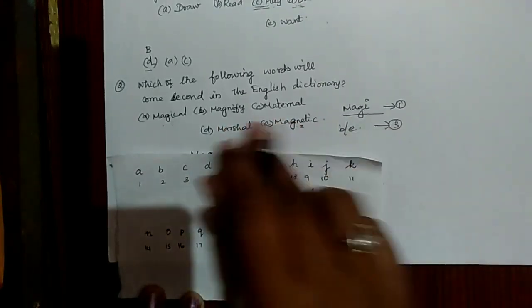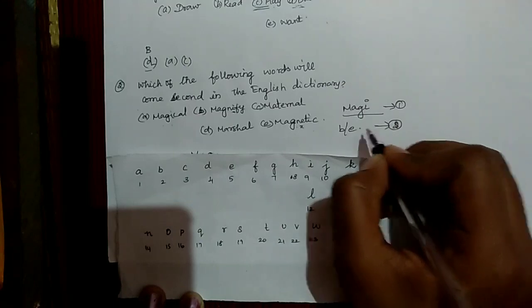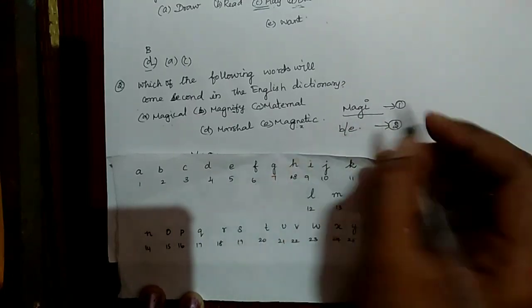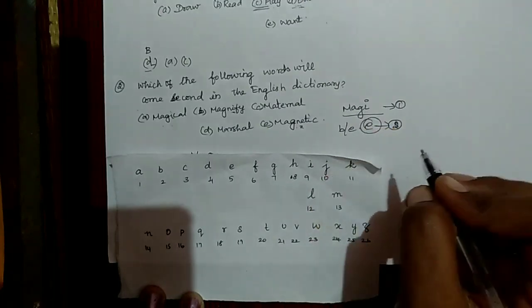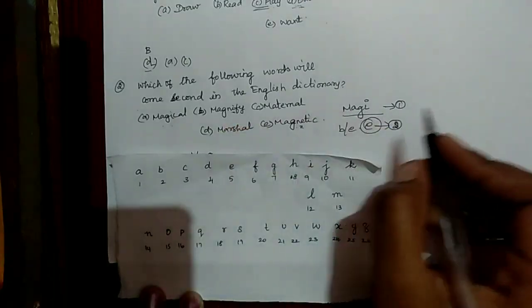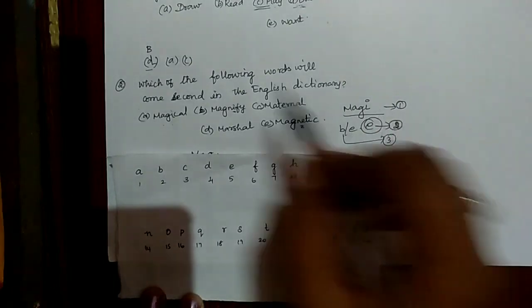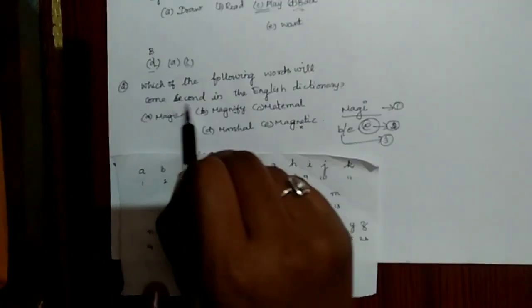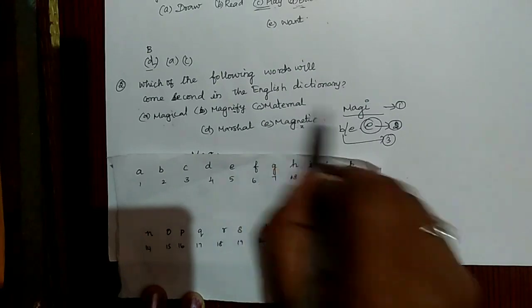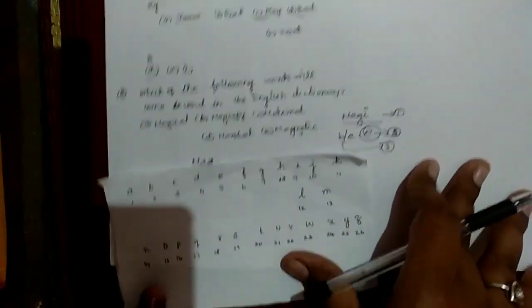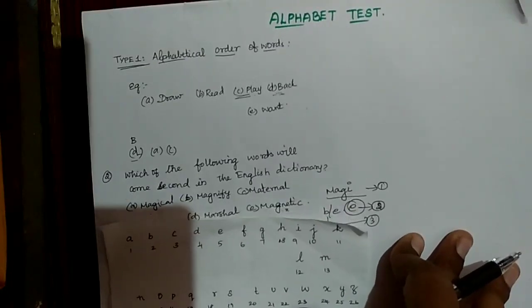E will be magnetic, the second option, and which will come third is B. B will come third, right? So according to the order, the word that will come second in the English dictionary is option E, magnetic. Okay, this is how they'll be asking in the alphabet test.